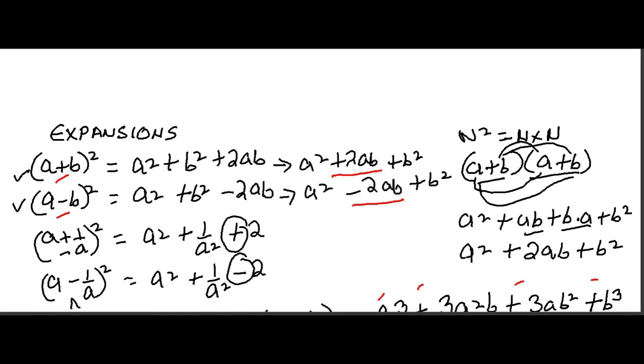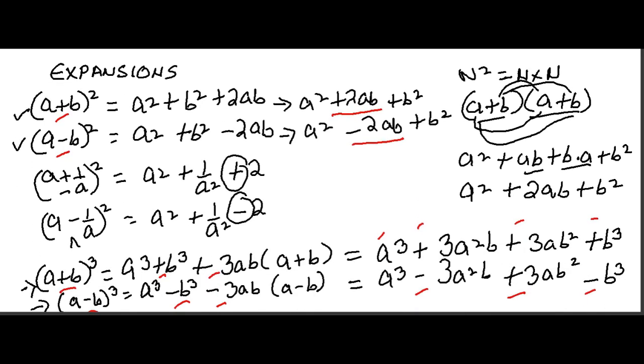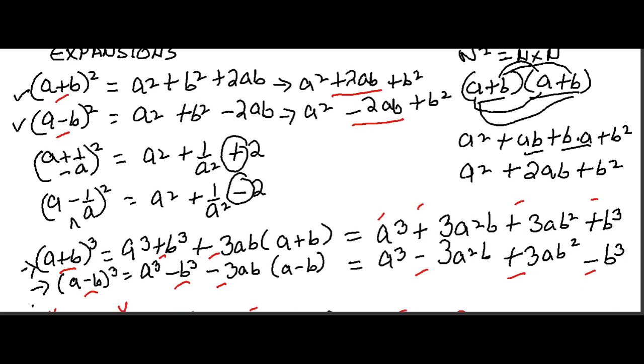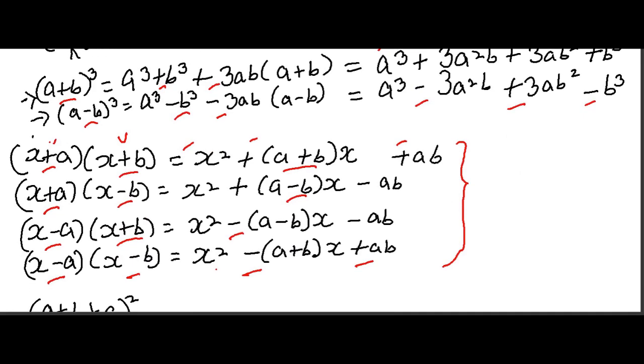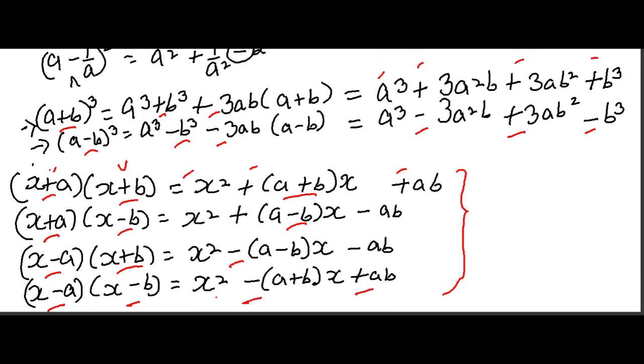Okay, so we got to know a plus b whole square, a minus b whole square, a plus 1 by a whole square, a minus 1 by a whole square, and then we had a plus b whole cube and a minus b whole cube. Next we came to a series of x plus a into x plus b, x plus a into x minus b, x minus a into x plus b, and x minus a into x minus b.